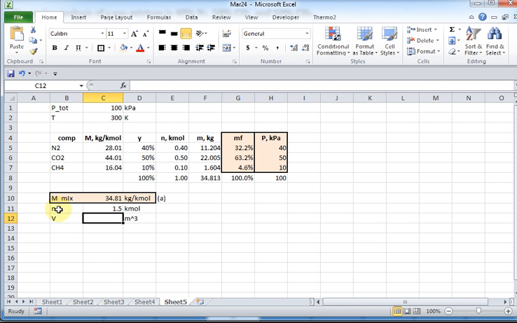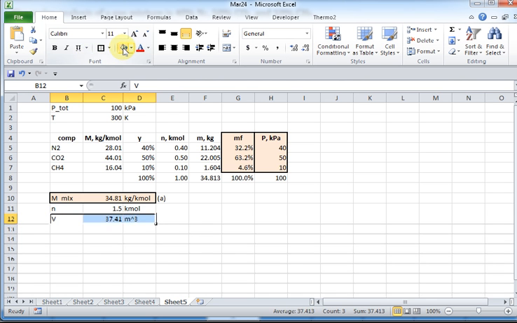Use the ideal gas equation, which is n times R bar 8.314 times the temperature divided by the pressure. Does that give you the volume? And so the volume would be this many cubic meters. Box it, color it. There you go.